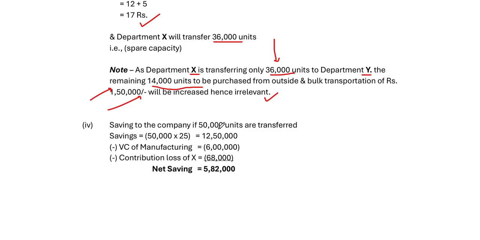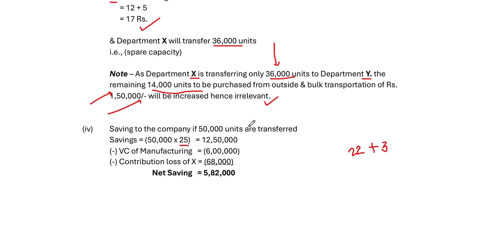Savings to the company if 50,000 units are transferred. If X transfers the 50,000 units to department Y, savings will be 50,000 into 25. How did this 25 come? 22 is the outside market price plus 3 rupees is the transportation cost per unit for 50,000 units.